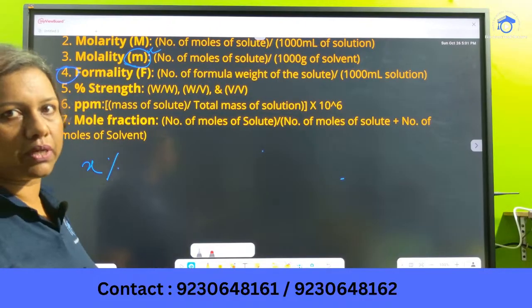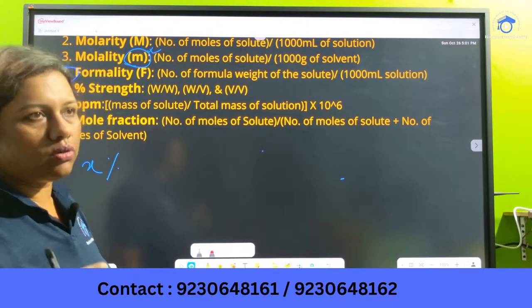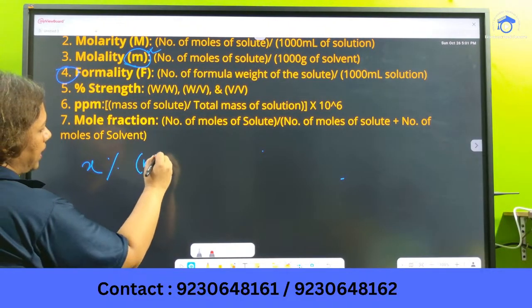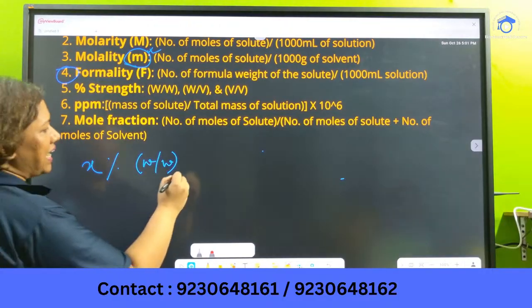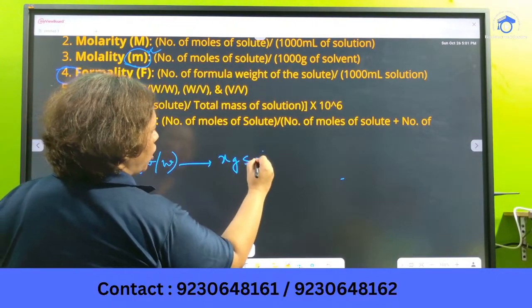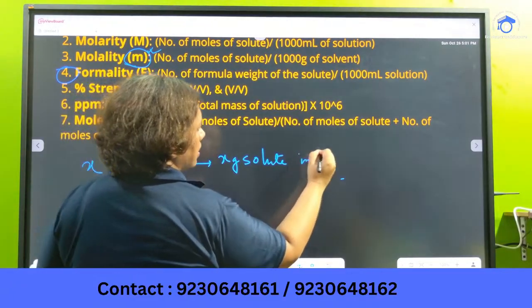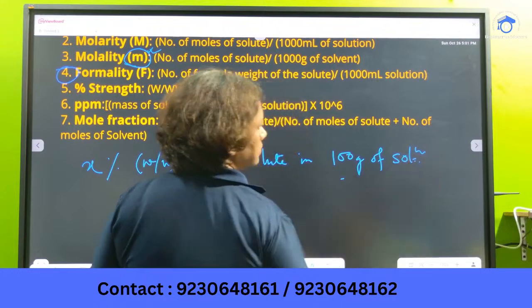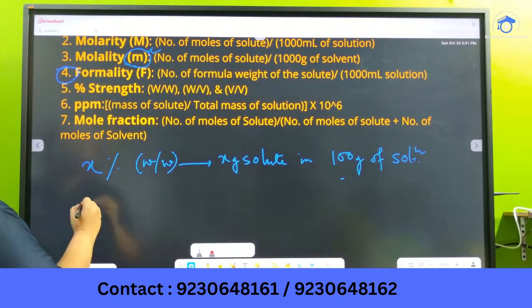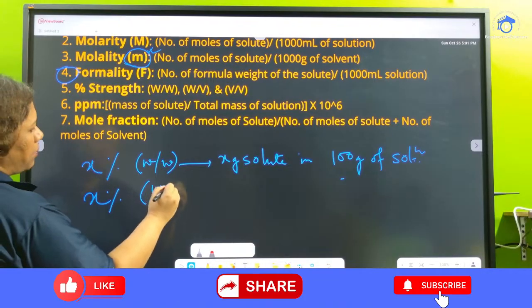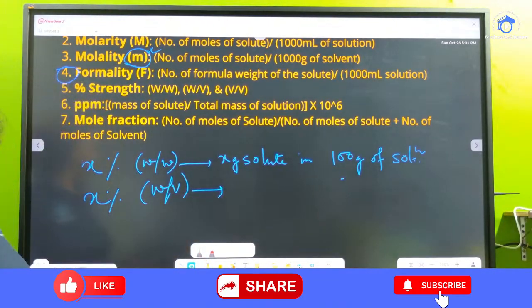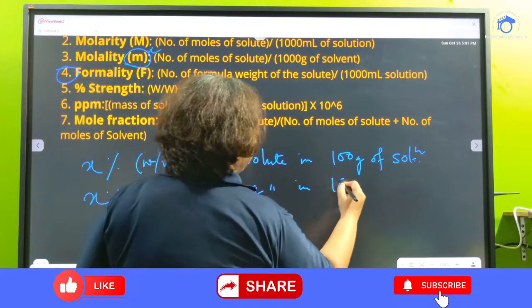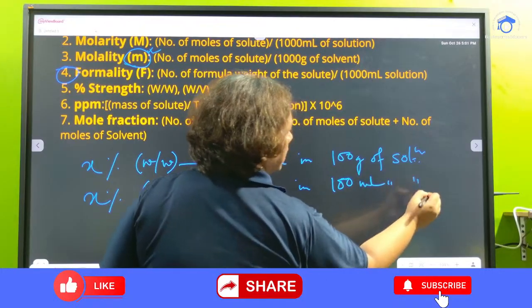There are three types of percent strength: W by W, W by V, V by V. If X% W by W is written, that means X gram solute in 100 gram of solution. If X% W by V is written, that means X gram solute in 100 ml solution.